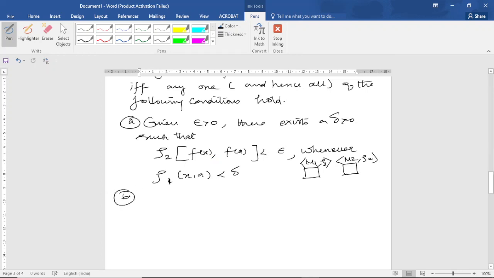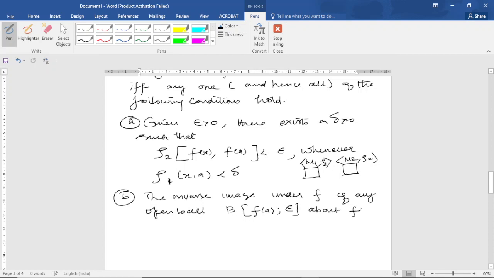B: the inverse image under f of any open ball B with center f of a and radius epsilon about f of a contains an open ball, say B of a with radius delta, about a.